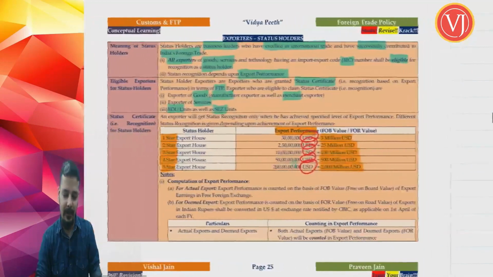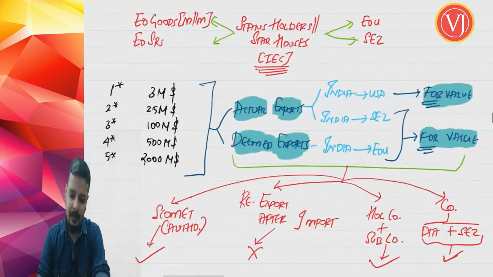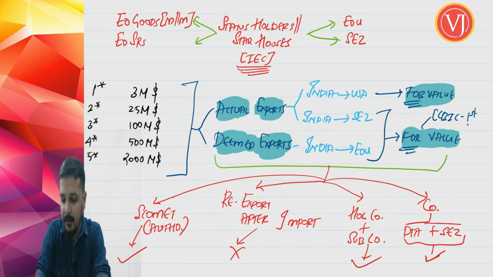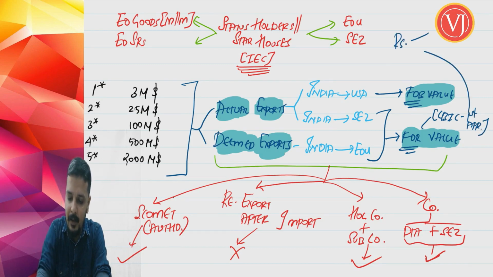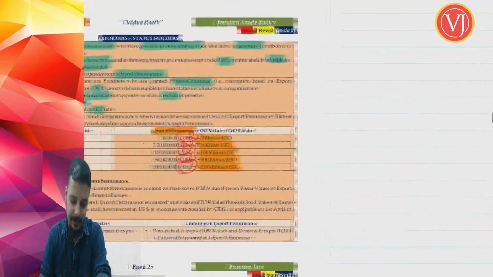Now friends, if you look at all these points of computation, there is one important point: how to convert. If you are talking about FOR value, it will be in Indian rupees, and the conversion of rupees to dollars will be based on the CBIC exchange rate given on 1st of April of every financial year, right?